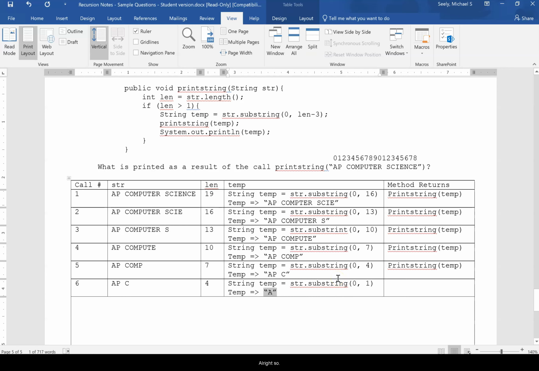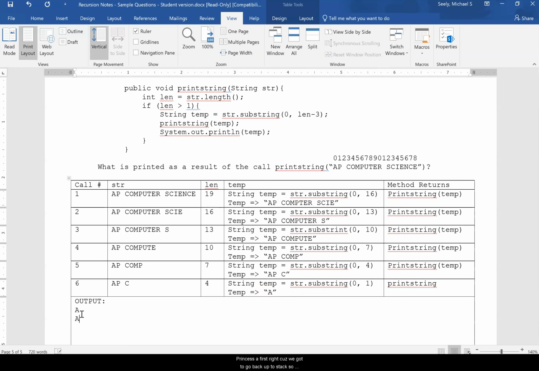All right, so we do our print string. Okay, so then this has a length of 1. Is 1 greater than 1? No. So the output prints this A first, right? Because we got to go back up the stack.